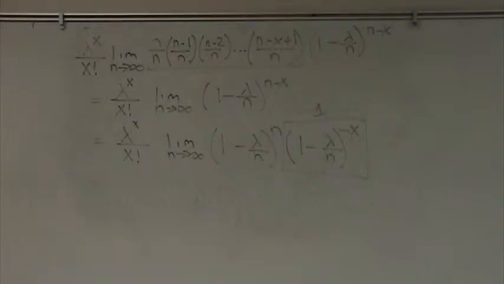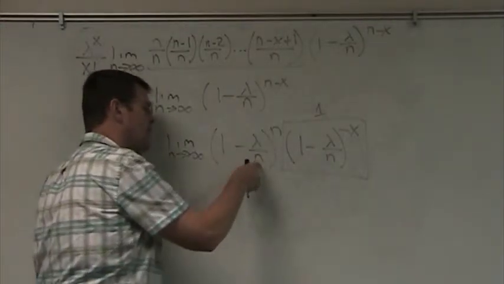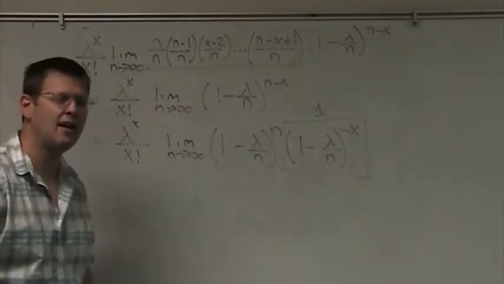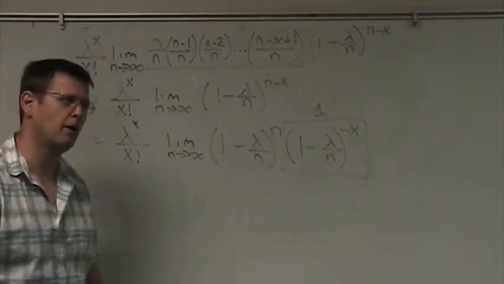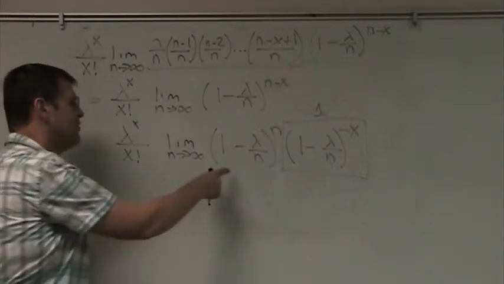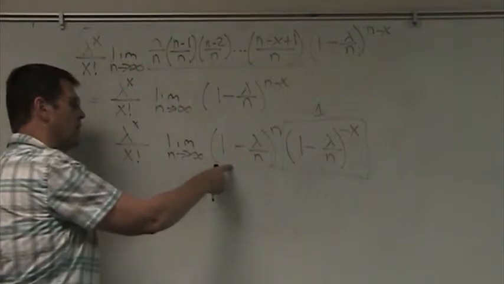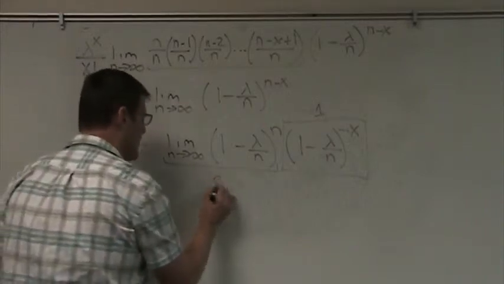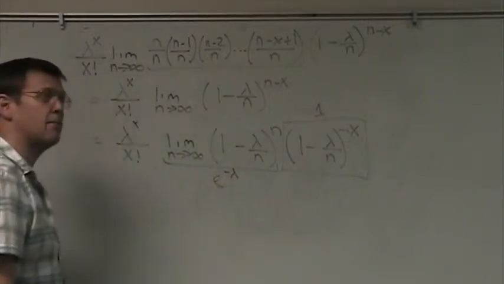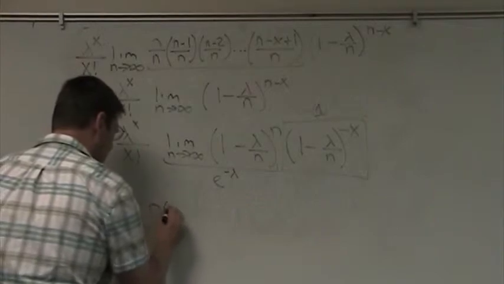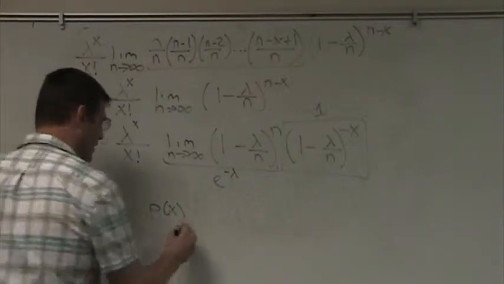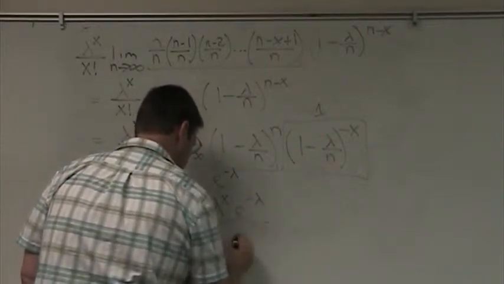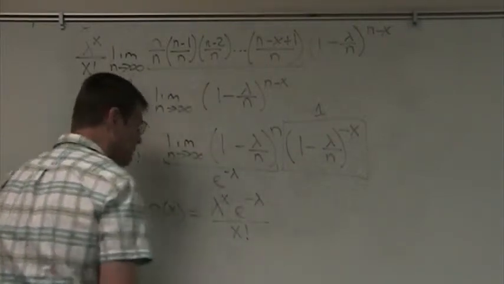But as far as this is concerned, while lambda divided by n is going to 0, n is going to infinity. And if you remember from back in pre-calc and calculus, this is your definition of the exponential function. So this limit right here is e to the negative lambda. And so what we end up with is p of x equals lambda to the x, e to the negative lambda, divided by x factorial.